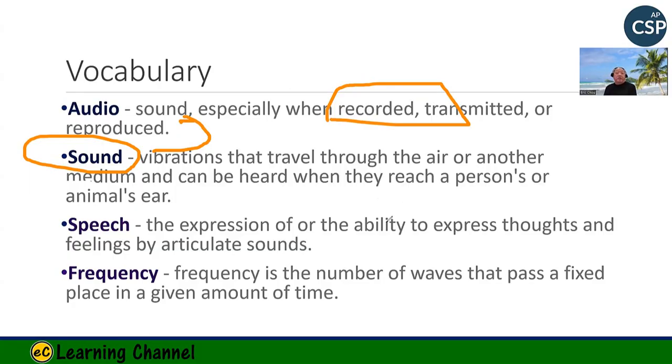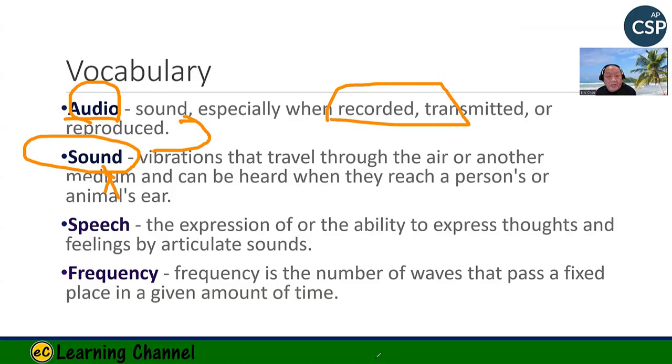Anything you record, an MP3 file, any sound that you recorded. So sound is natural. The thing that you hear is called sound. The thing that you play back in a computer is called audio. Does that make sense? Anything stored or recorded in a computer is called audio.